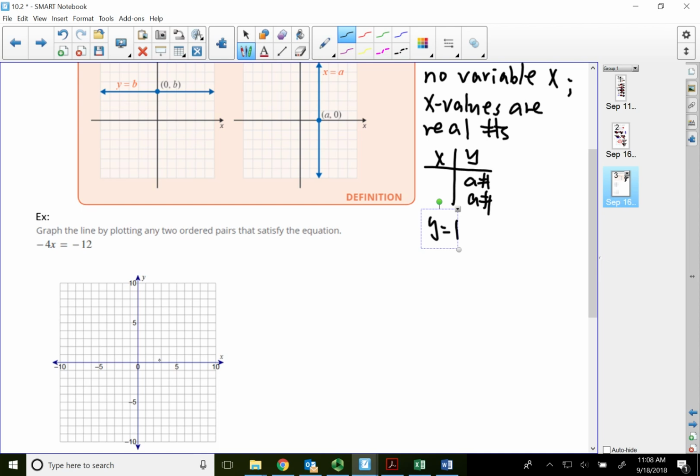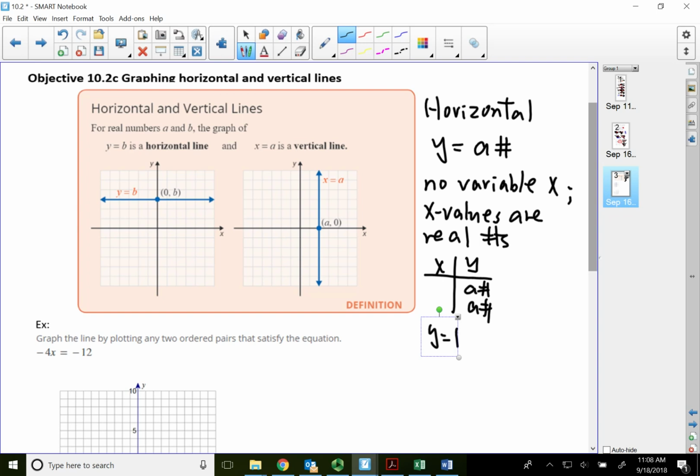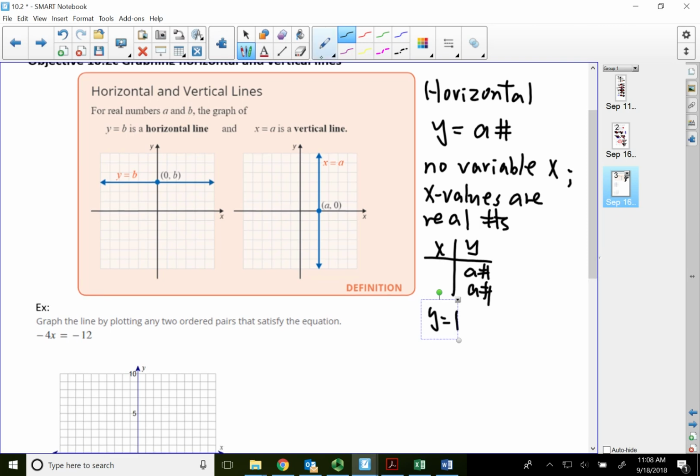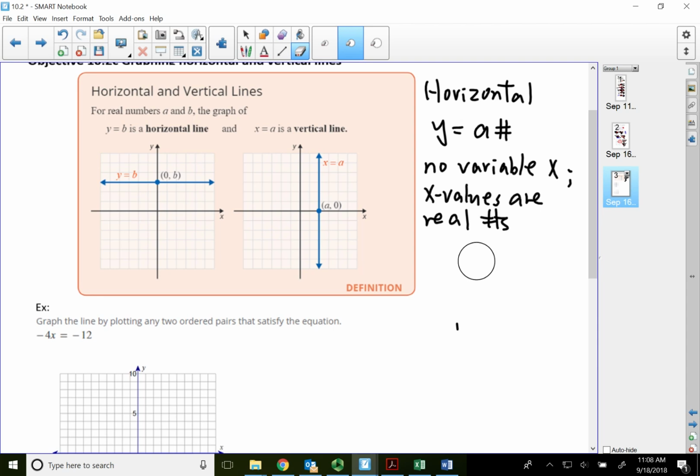So the characteristic of a horizontal line is that once you draw it, every single point on the line has the y value saying exactly the same thing. It's whatever that number is. The same argument can be made for a vertical line. A vertical line is always going to be x equal to a number.